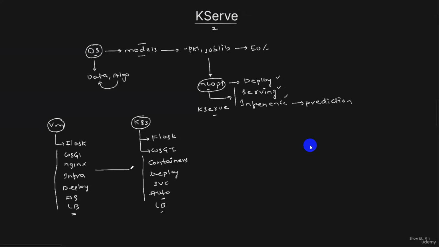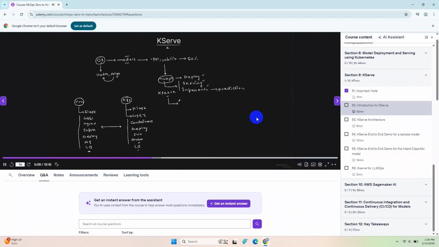Now, these manual activities, if not completely eliminated, can be eliminated to a good extent using the Kserve platform. Once again, Kserve is a complete open source platform based on Kubernetes, which makes model deployment, serving, and inference easy for MLOps engineers.